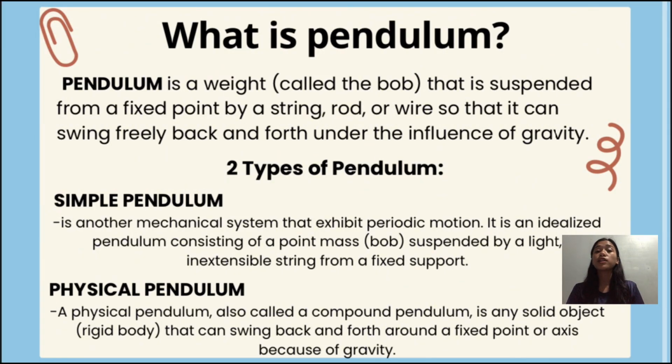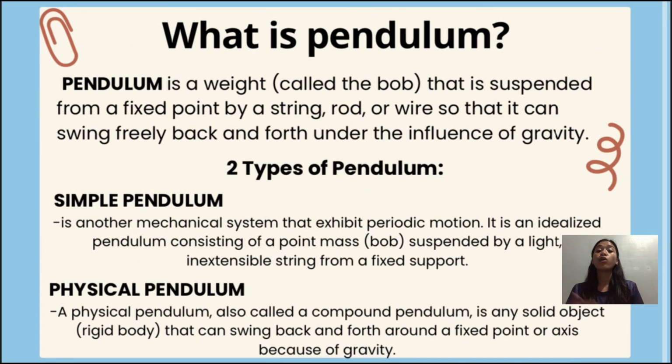Meaning, it is a type of pendulum that moves back and forth repeatedly in a regular pattern. It has a small weight called a bob, hanging from a light string that doesn't stretch and is attached to a fixed point.